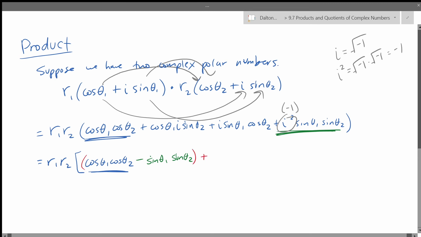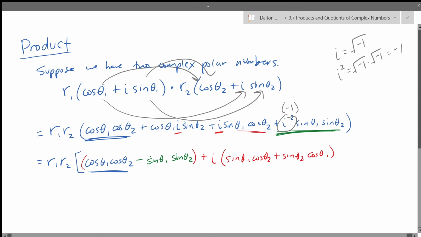And I want to add to that: both of these terms that are left have an I in them. So if I factor out an I and write what's left, I have sine theta 1 cosine theta 2 plus sine theta 2 cosine theta 1.